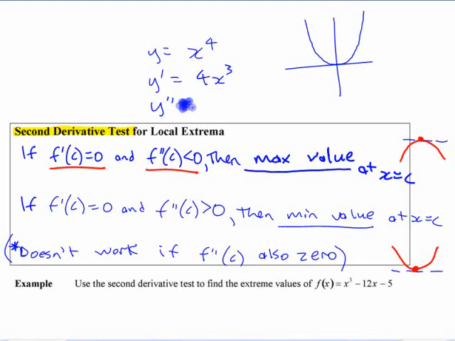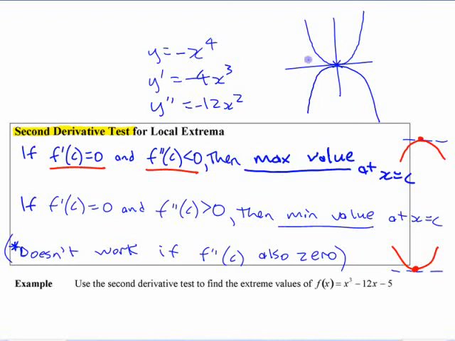Second derivative is, what is it, 12x squared. At this point here, they're both 0, right? Both derivatives are 0. So you can't use that to decide, that happens to be a minimum value, but you can't use this second derivative test. You could have made this negative x to the fourth and it would have looked like that, right?